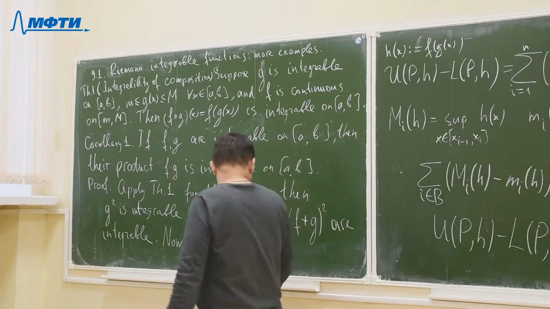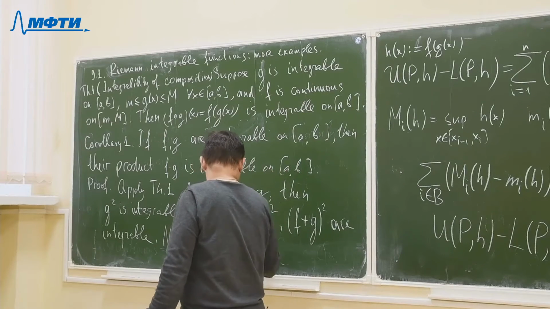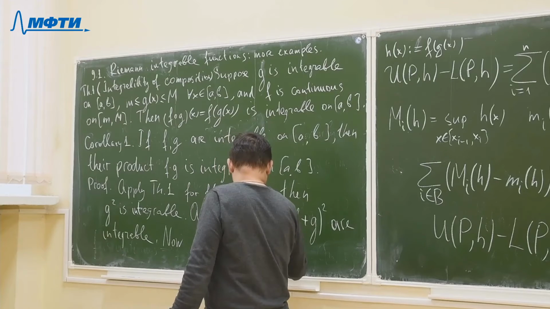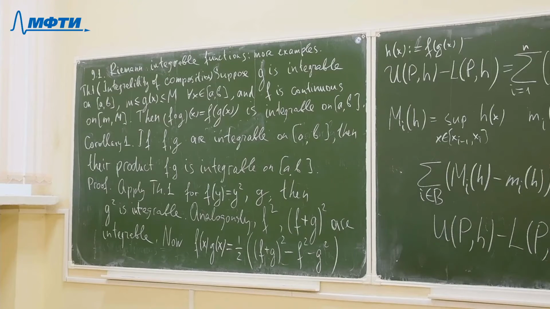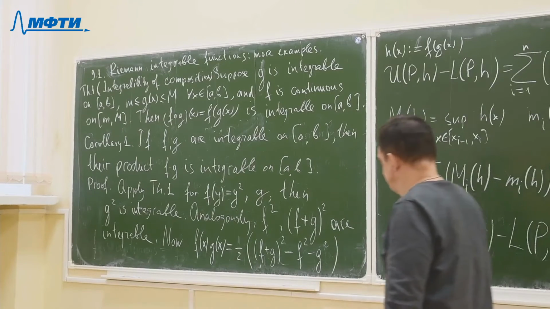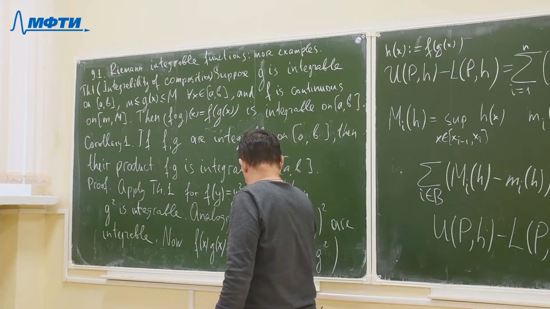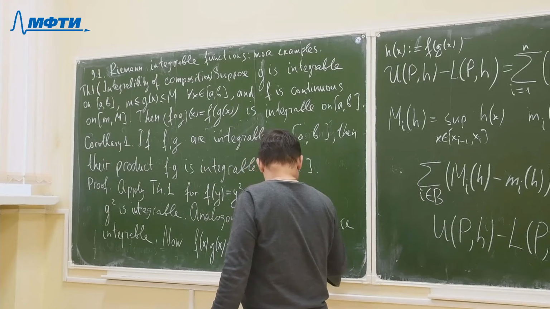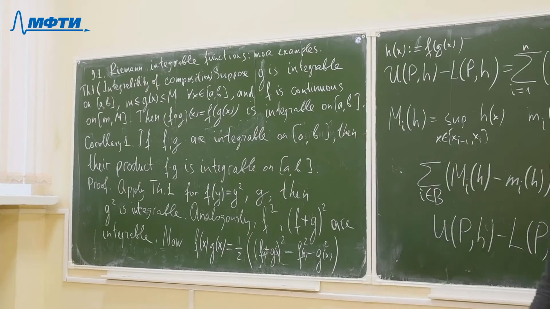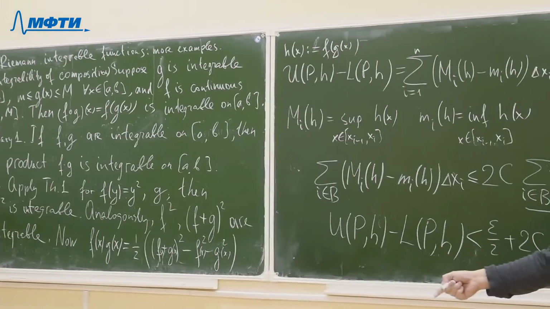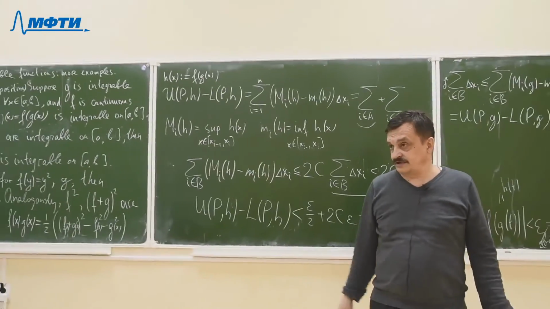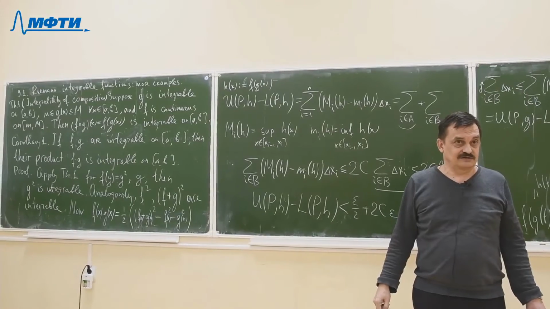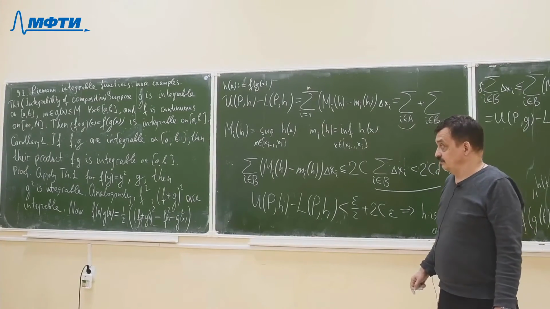That is 1/2 of f plus g squared minus f squared minus g squared, of x. Right? So every square is integrable, the difference is integrable, and integrable times a constant is integrable. So we obtain what we wanted.